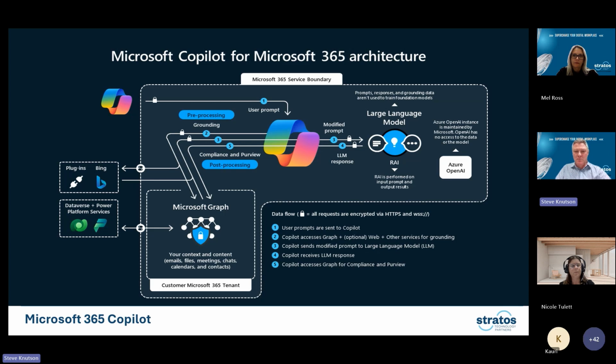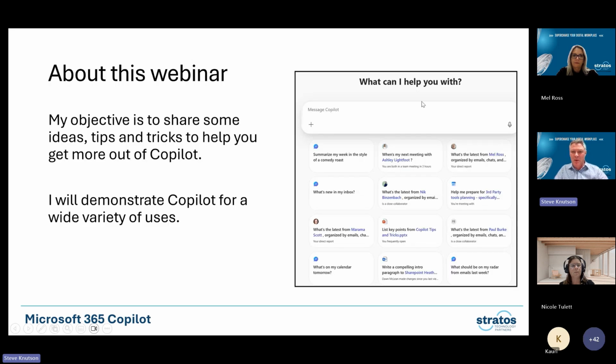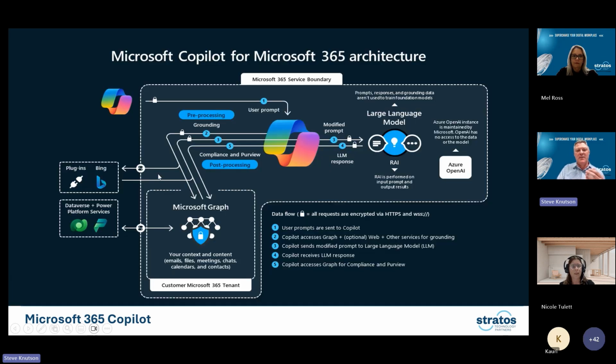If you look back on this previous slide here, you'll see my Copilot landing page. And on here, it says, when's my next meeting with Ashley Lightfoot? And what's the latest from Mel Ross organised by emails, chats, and so on. So that is the context that comes from the Office Graph. It knows that both Mel and Ashley work with me and are frequent communicators.